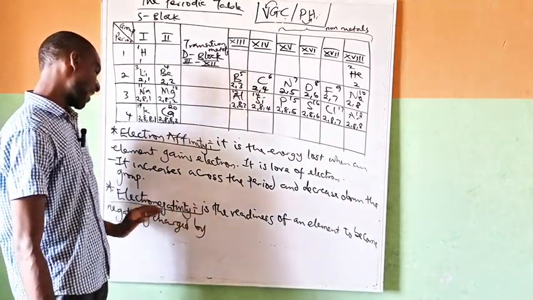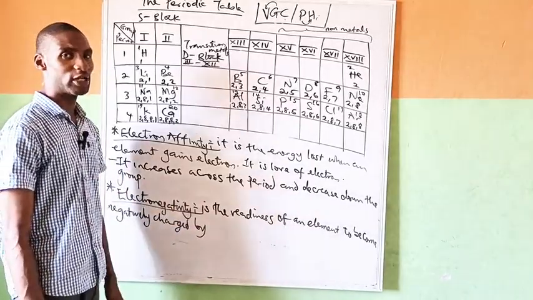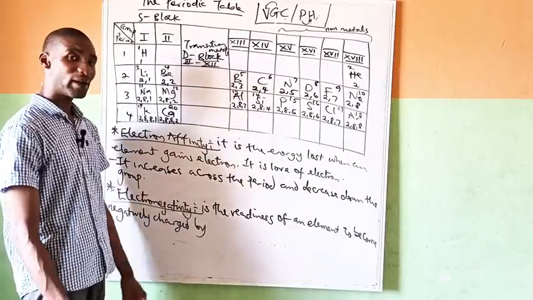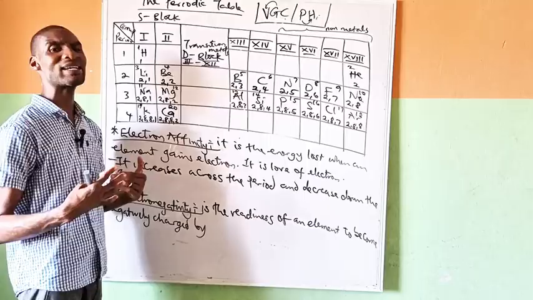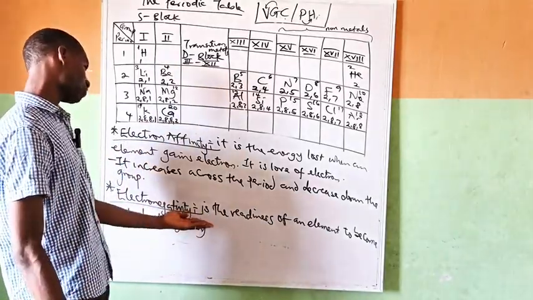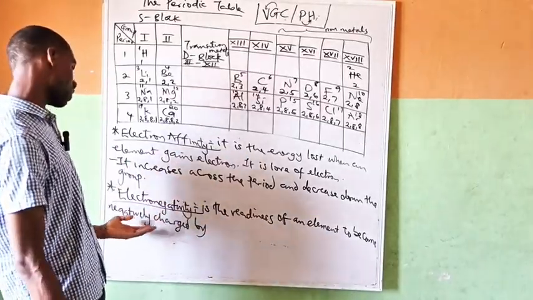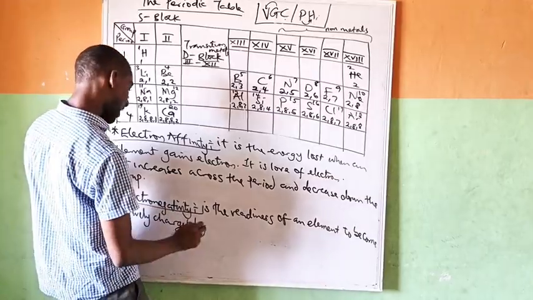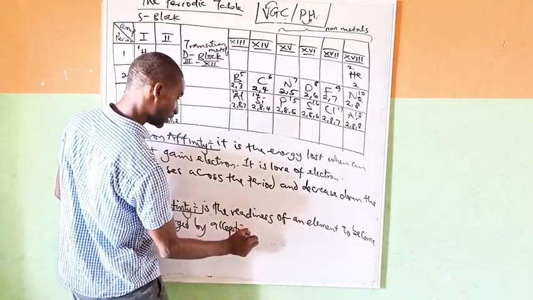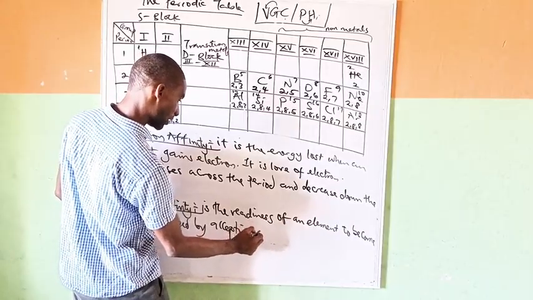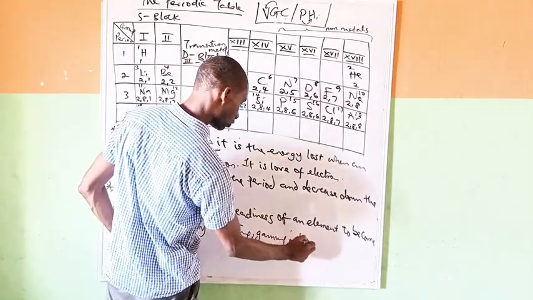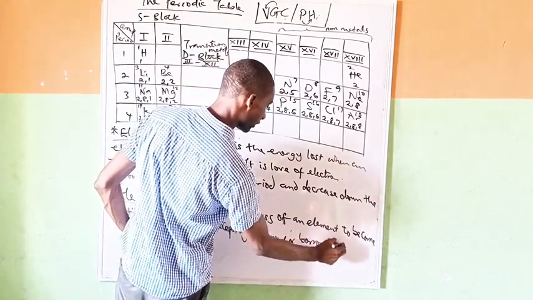What will make an element become negatively charged? It is by gaining electron, by accepting, by borrowing. Borrowers are negative, givers are positive. So electronegativity is the readiness of an element to become negatively charged by accepting or borrowing. You can say accepting or gaining, or borrowing electron, to make it easier.